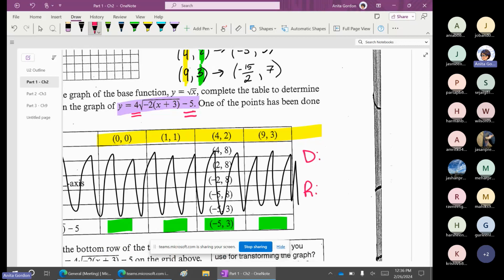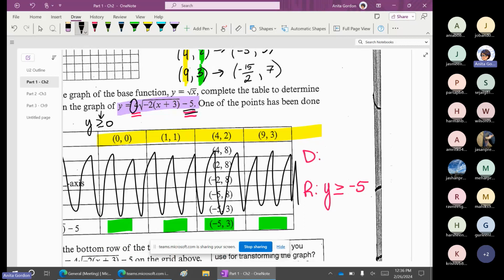I have a shift down, so what's my range? Bigger than -5. Right? Because in my original, y has to be greater than or equal to 0. Because I didn't flip it upside down, the sign stays the same, and I just worry about the last number. Okay, so we know the range.